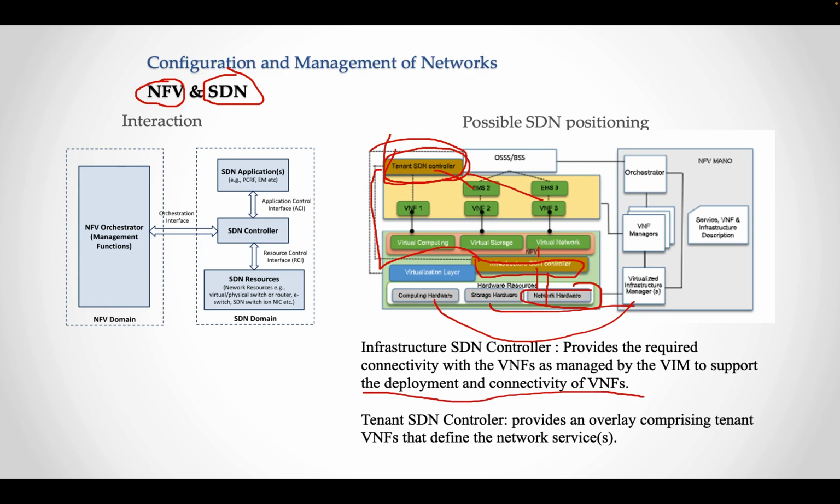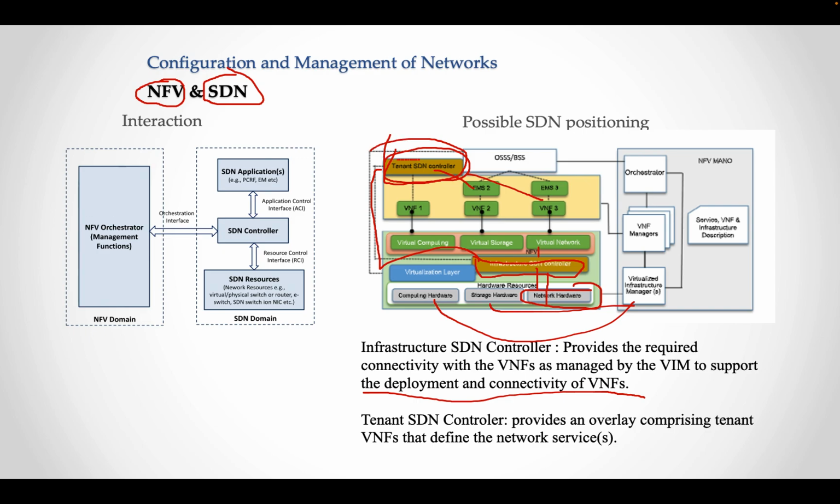The infrastructure SDN controller provides the required connectivity with the VNFs as managed by the VIM, so it's this one below. It supports the deployment of virtual machines and containers and connectivity between them. And then we can have the tenant SDN controller that provides an overlay, defining the network service on the top.